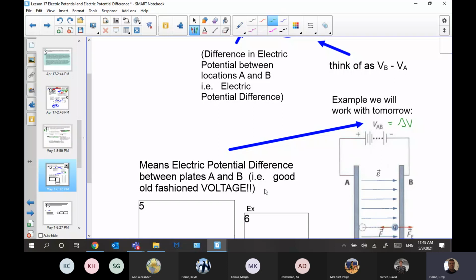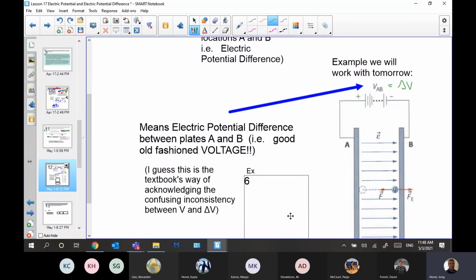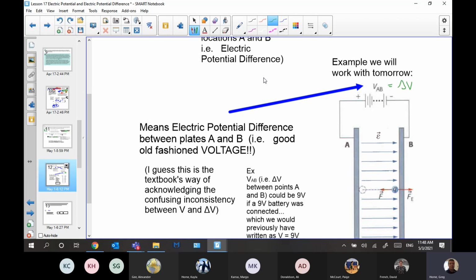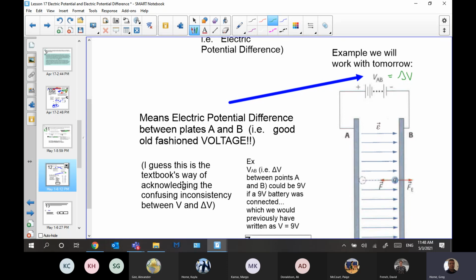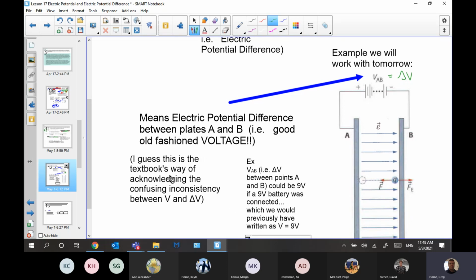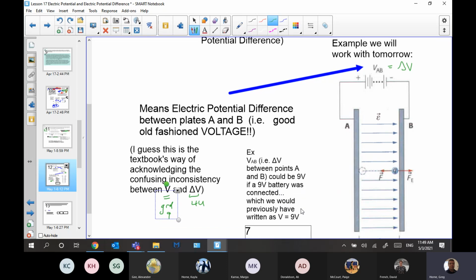So that does mean potential difference, good old fashioned voltage. Yeah, that's the textbook way. Them writing VAB or VBA is their way of acknowledging the confusing sort of inconsistency between V in grade 9, right? And then delta V now in grade 12, in 4U or whatever, right?